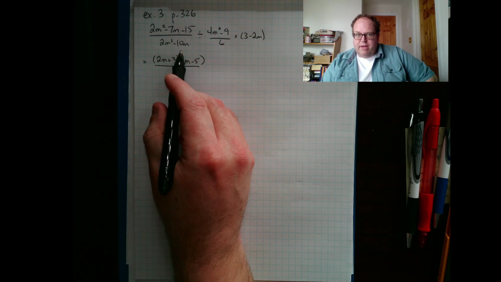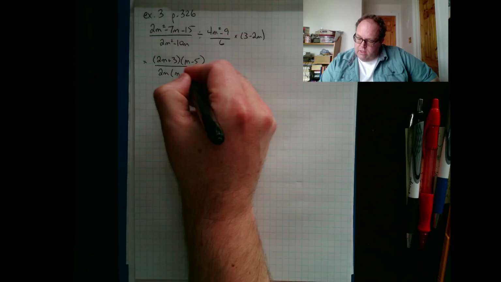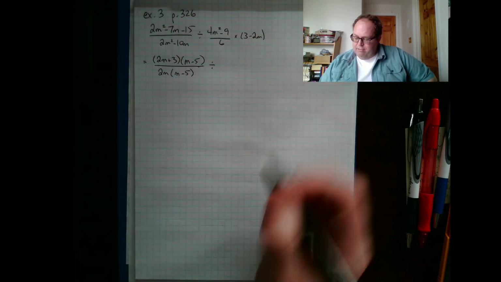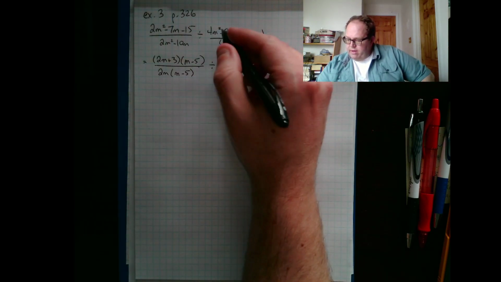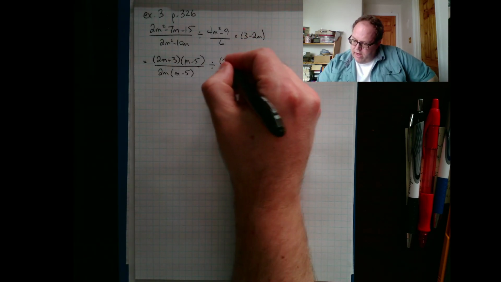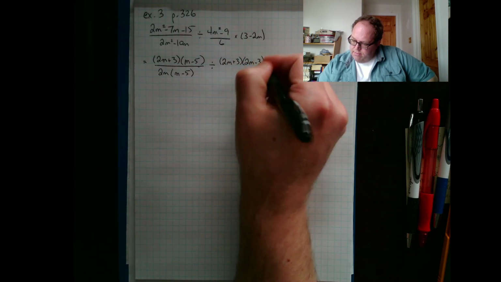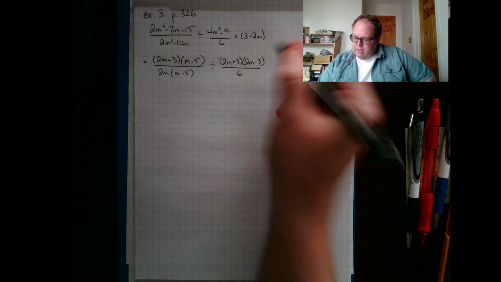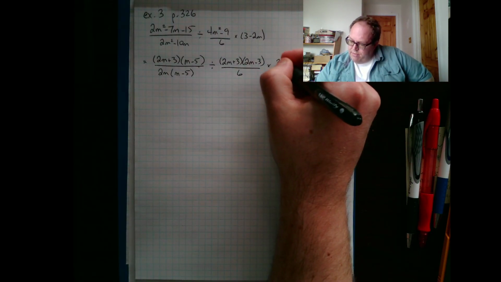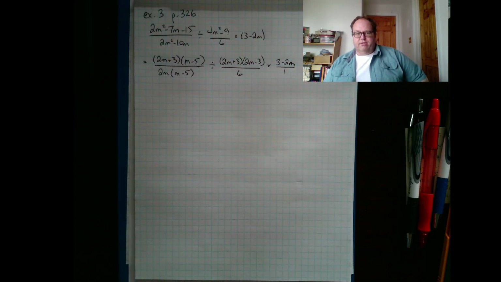The 2m squared minus 10m, I could factor a 2m out of each term to leave me with m minus 5, divided by the difference of perfect squares here, 4m squared minus 9, which I could rewrite as 2m plus 3 and 2m minus 3. The 6 in the denominator stays a 6. And I multiply by, and I might rewrite this as 3 minus 2m over 1, just to keep everything looking like a fraction.